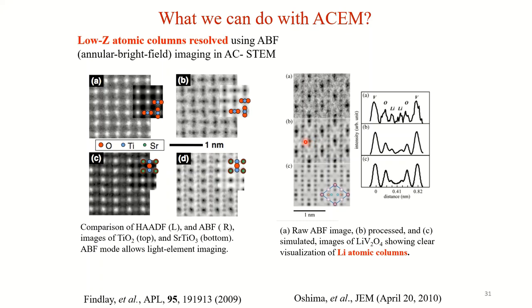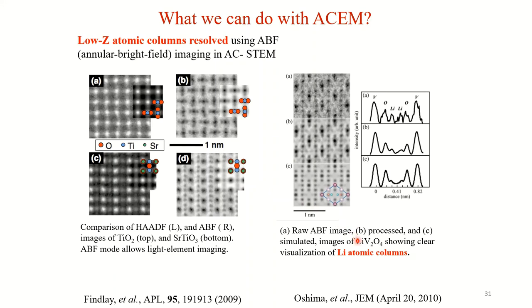And for high Z elements, most of the electrons scatter through high angles, and they are detected on the ADF detector. And here again, you can locate these oxygen atoms in strontium titanate, in TiO2. This is a HAADF image, and in HAADF you don't actually see the oxygen atoms, but in ABF we're able to resolve these oxygen atoms clearly.